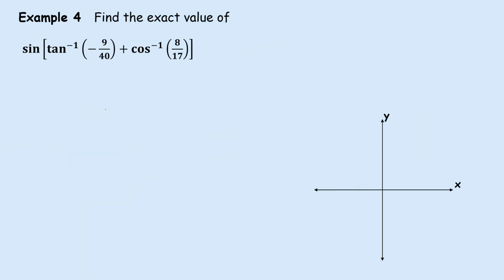Okay, find the exact value of this. All right. This is sine of some angle plus some other angle. First of all, we got to figure out what are these angles? Where are they? What do they mean? Okay, so we're looking at the angle whose tangent is negative 9/40. Remember that inverse tangent has a range of negative pi/2 to pi/2.